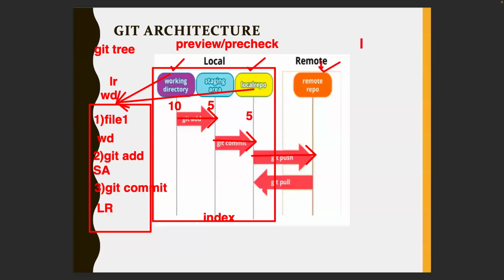And how do you create a local repository? There are two ways. One is, let's say it's a new project. You joined a team, there's nothing there, it's a new project. You have to create a local repository. So create an empty local repository on your laptop.